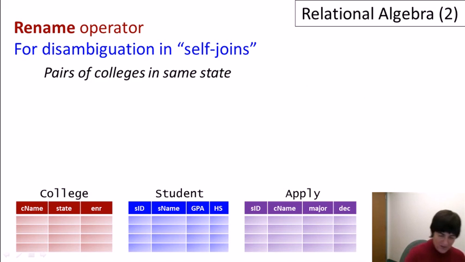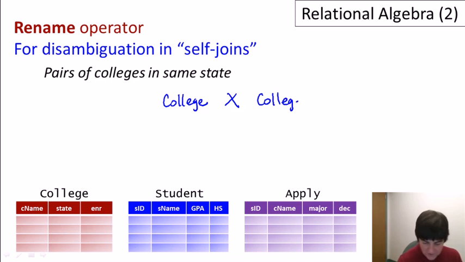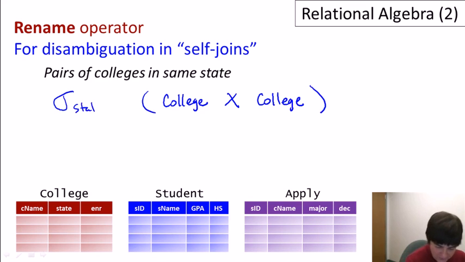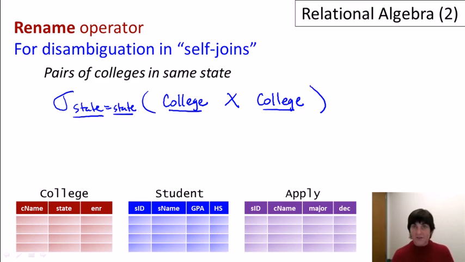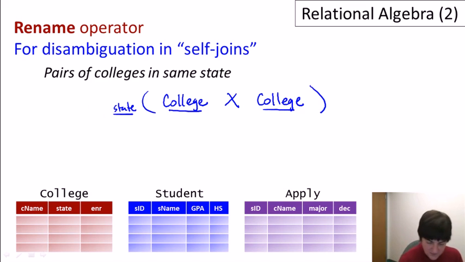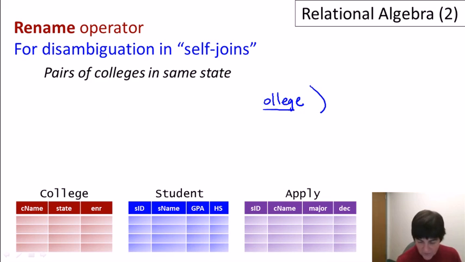So let's work on that a little bit. Let's just start with the cross product of college. And then we want to somehow say, well, the state equals the state. But that's not going to work. Which state are these? And how do we describe the two instances of college? So what we're going to do, and let me just erase this, is rename those two instances of college so they have different names.